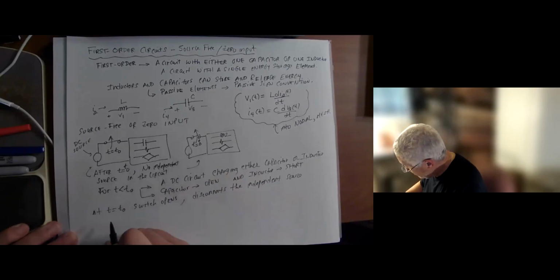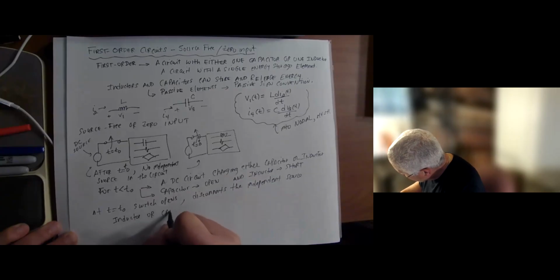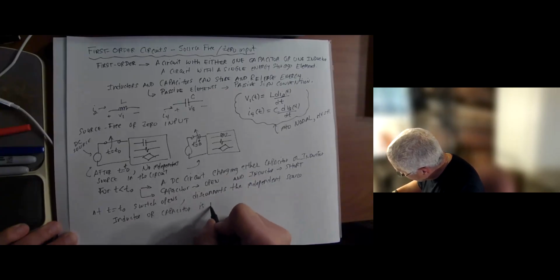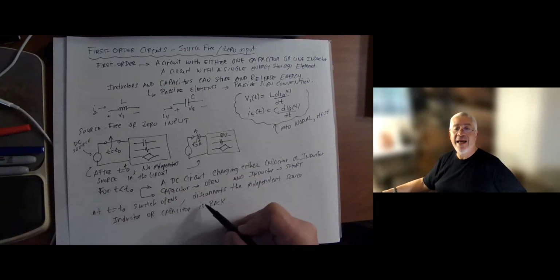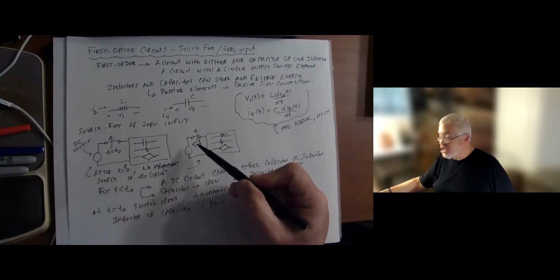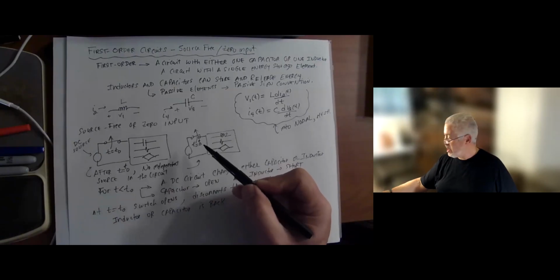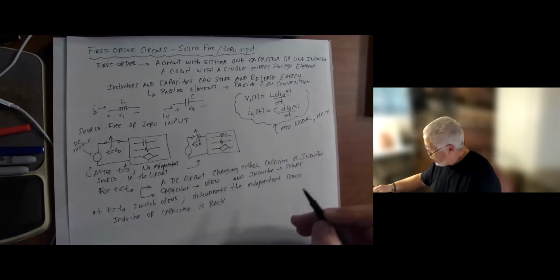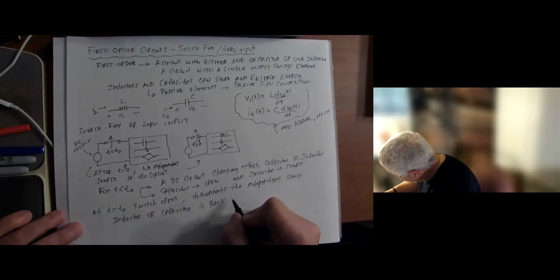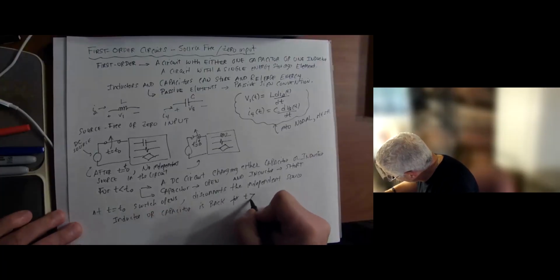So the inductor or capacitor is back, and the reason these elements are back is that the switch change caused a change in the circuit so that these derivatives are no longer zero, for T greater than T naught.